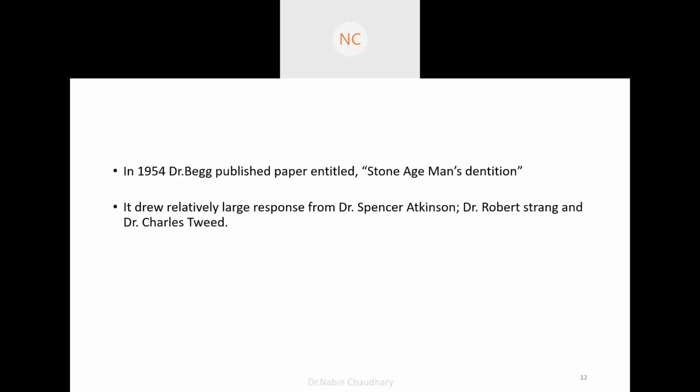In 1954, Dr. Begg published the article entitled Stone Age Man's Dentition, and because of this article, several of his contemporary orthodontists, for example Dr. Spencer Atkinson, Dr. Robert Strang, and Dr. Charles Witt, got attention after its publication.